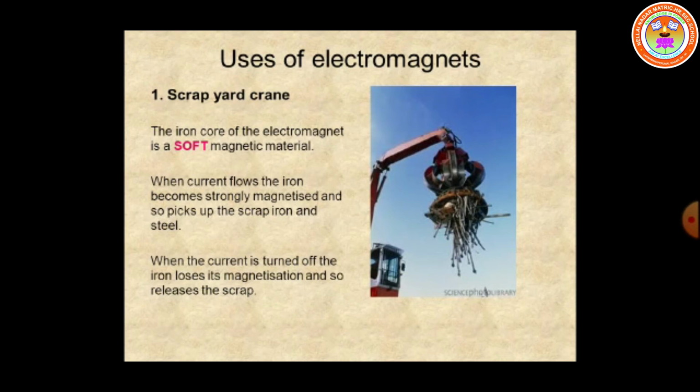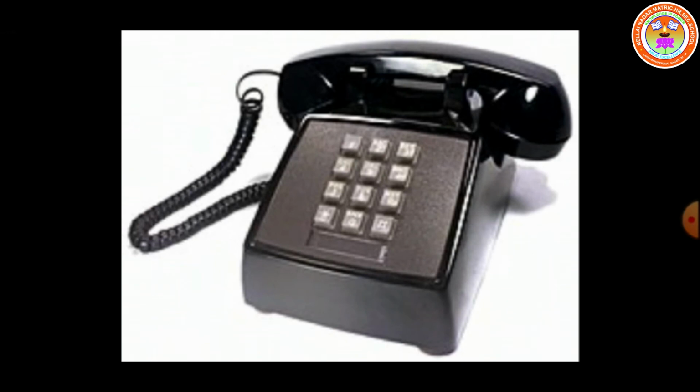Electromagnets are used in many appliances that we use in our day-to-day life, namely electric bell, cranes and telephone. Let us know how the magnetic effect of electric current is applied in telephones. In telephones, a changing magnetic effect causes a thin sheet of metal, the diaphragm, to vibrate.